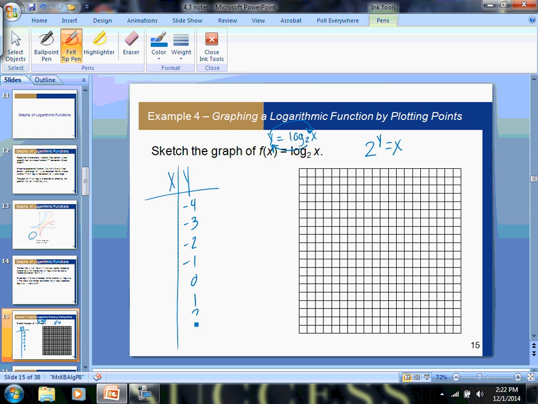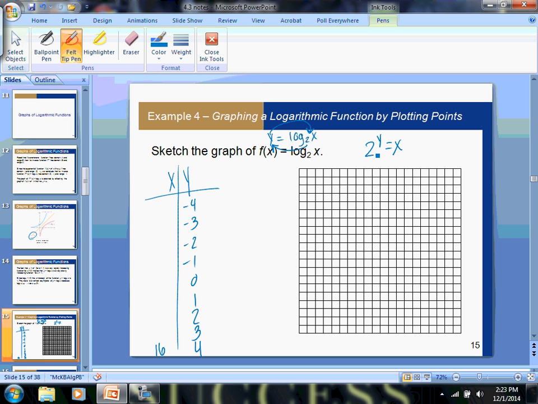So this is a little bit opposite of what you've been trained to do so far in your mathematical careers. But I'm going to start with my positive values. And if I put 4 in for y, I'd have 2 to the 4th. So that would be 16. And if I put 3 in, I would have 2 to the 3rd.